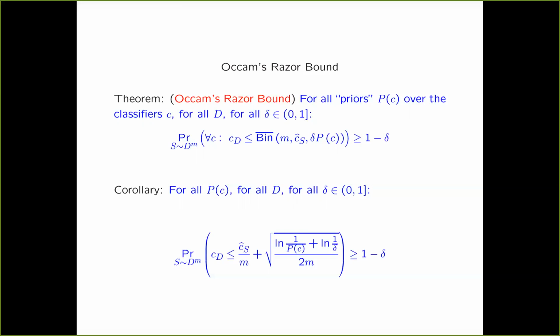So it says that for every classifier in a large set, you will have a good estimate of its true error rate, for every classifier which has a significant value of P of C.